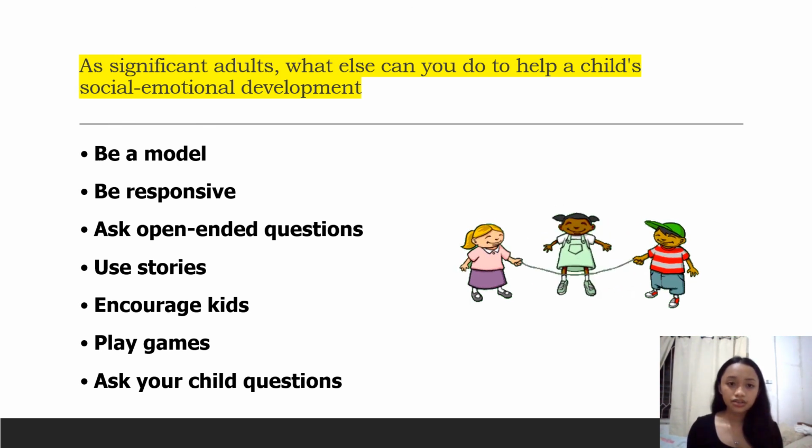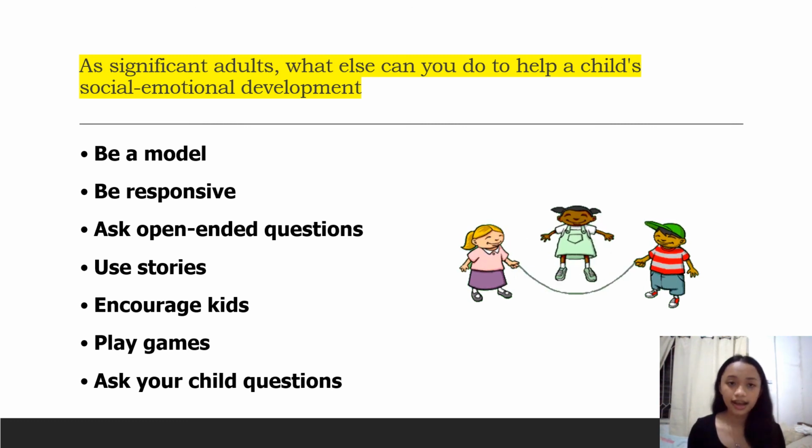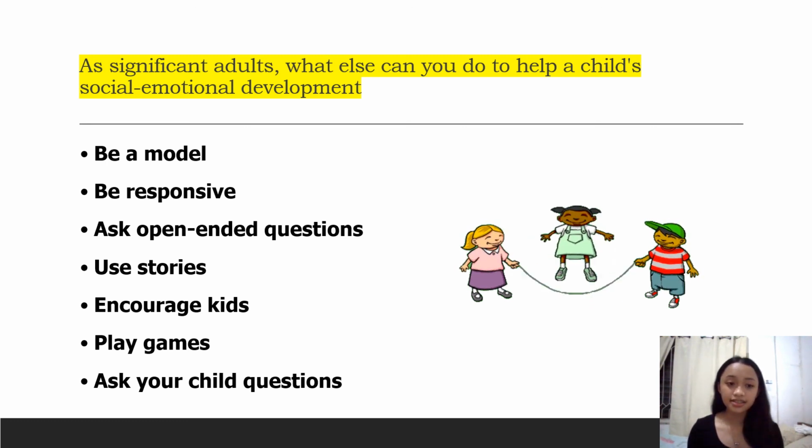Next is use stories to talk to your child about different social situations and how each person might be feeling. For example, look at that man. He is sad because someone stole his food. Those stories will make your child realize that stealing is not good because it will make another person sad.